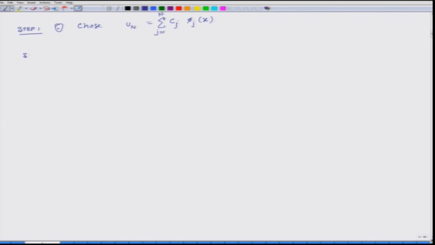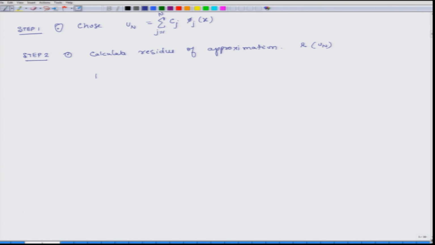Second step involves that we calculate the residue of approximation. So, our residue I write as R, and it is a function of this un, which is an n term solution for the dependent variable u.